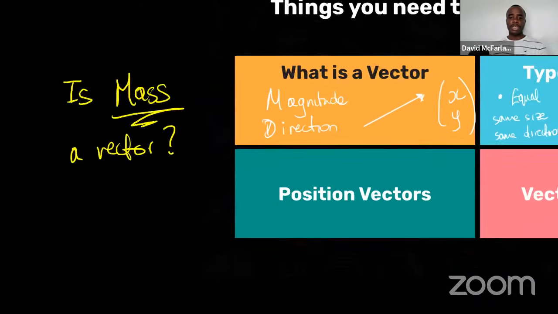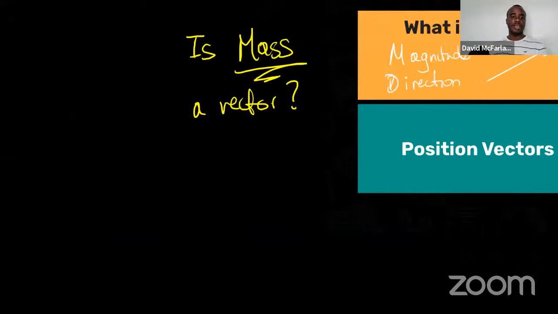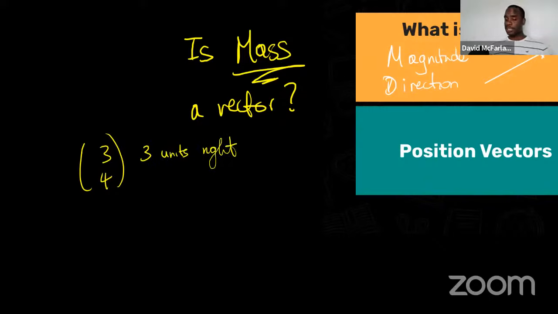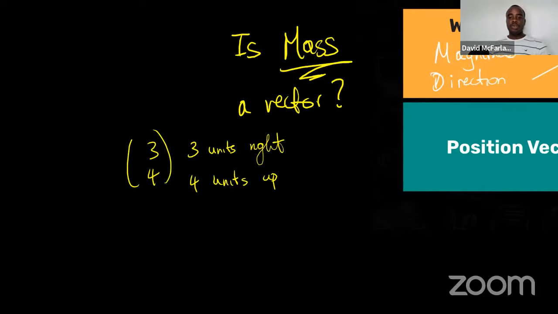For example, if I have a vector that was 3, 4, what this is telling me is it's moving 3 units to the right, because right is positive and left is negative, and it's moving 4 units up, because again, positive is up and negative is down. So that's how we can represent vectors.